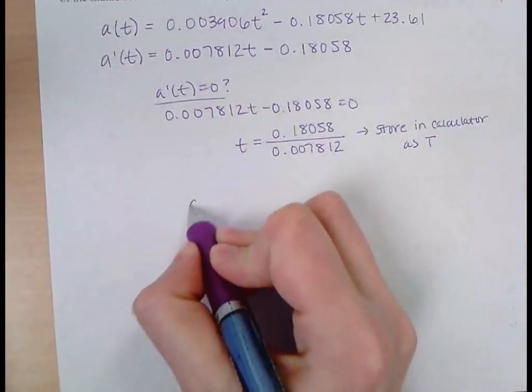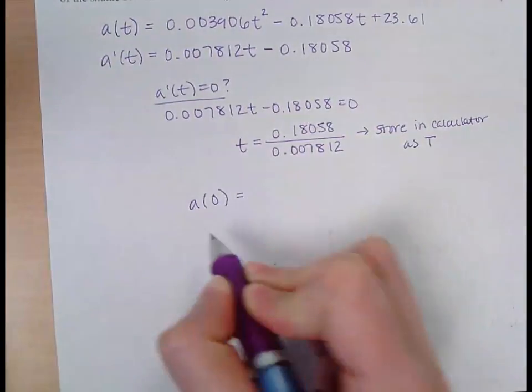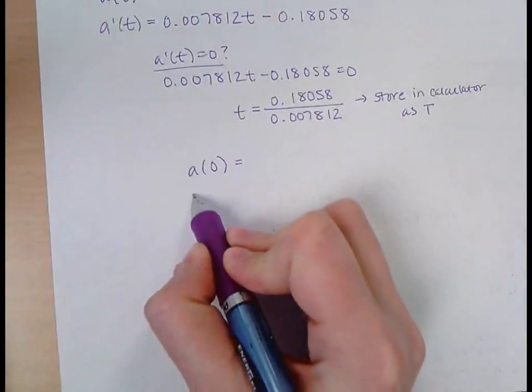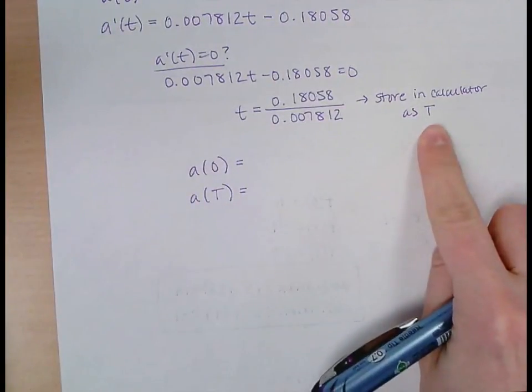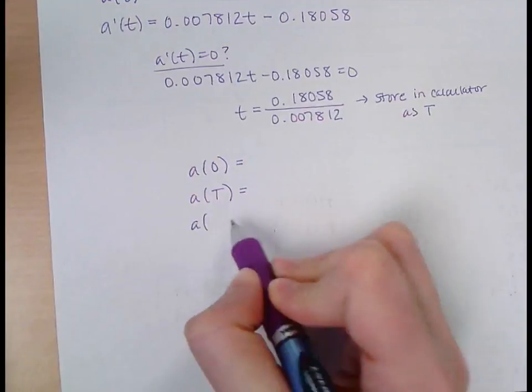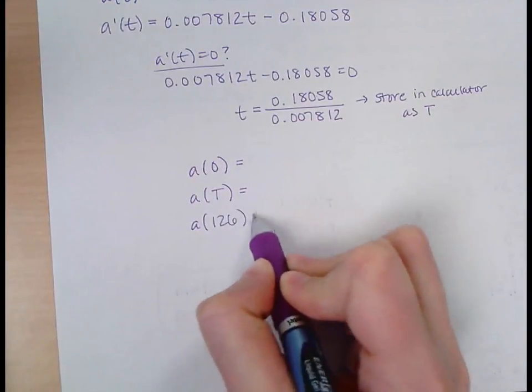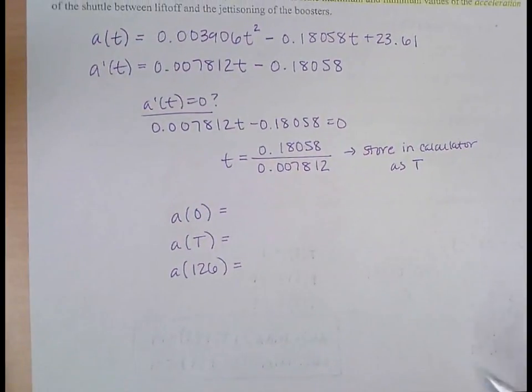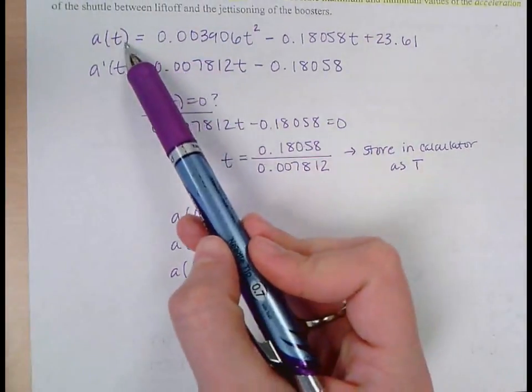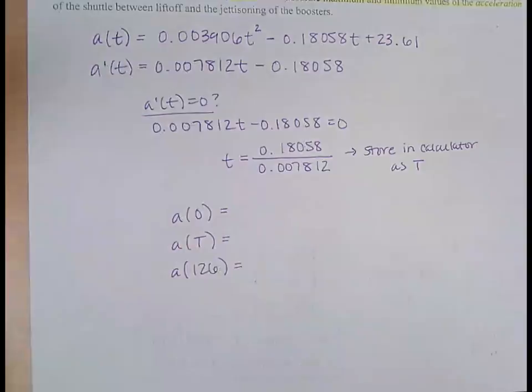So I need to find A of 0, A of T, so they know what T means, and then A of 126. Make sure you're substituting the values back into A, which was V prime, not going back to the very original function that you were given.